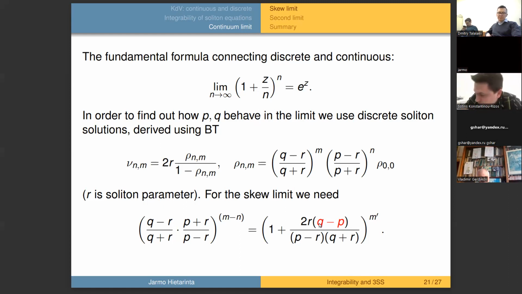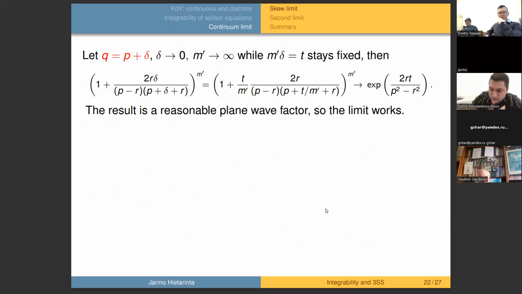So we conclude that Q must be P plus delta, like that. Delta goes to 0, m prime goes to infinity, while m prime times delta, which we will be calling t, time variable, stays fixed.